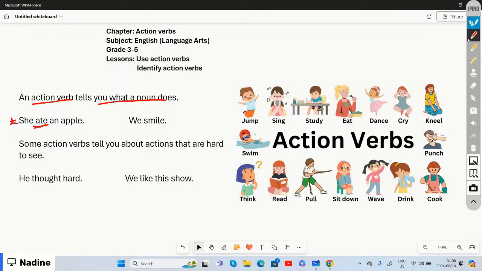All right, if we look at another one, it says, we smile. We being our noun. So now the question is, what are we doing? We smile. So smile is our action verb that tells us what the person is doing.